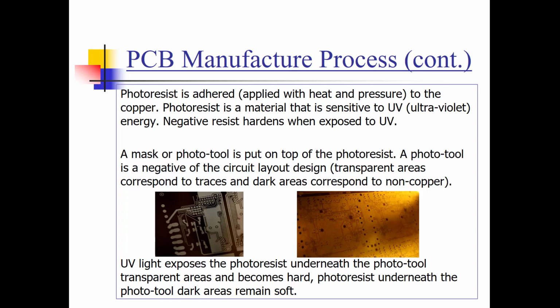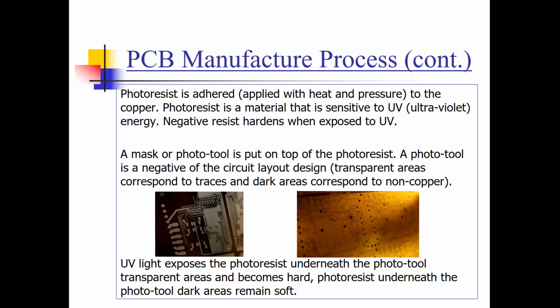Photoresist is a material that's sensitive to UV light, and there are 2 types, negative and positive. With negative photoresist, the resist hardens when it's exposed to UV light. Positive photoresist, which is actually used in IC fabrication, is the opposite. It becomes soft when it's exposed to UV light.